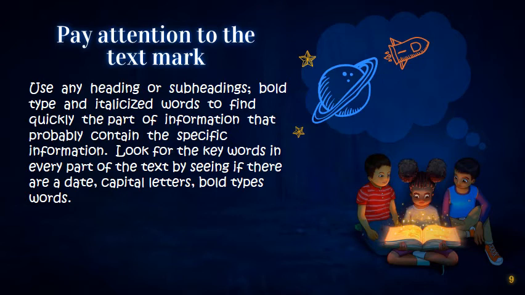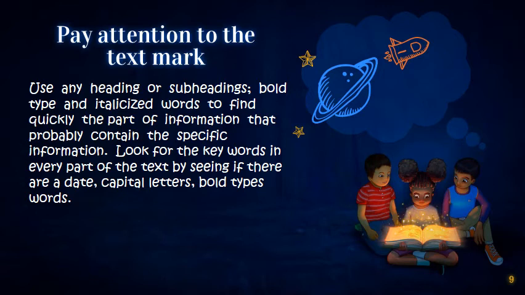Jadi, text mark itu adalah tanda-tanda dalam sebuah passage atau teks. Tanda itu bisa heading, subheading, judul atau subjudul ya, tema atau subtema, bisa garis miring, kata tebal, kemudian bisa juga capital letters, nama.